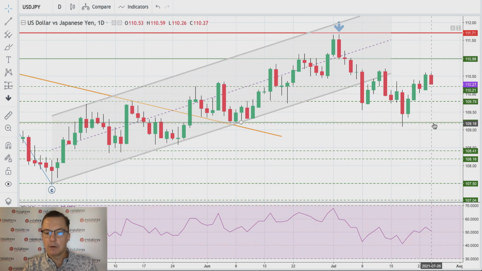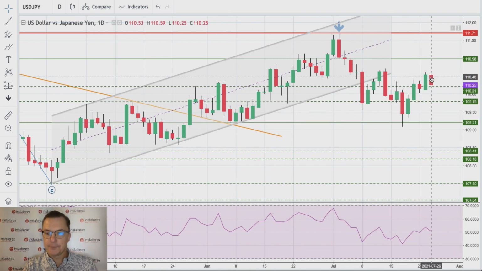A new local low was made at the level of 109.08 on the 19th of July 2021. This technical support at 109.21 has held perfectly, just as it did on the 7th of June 2021.